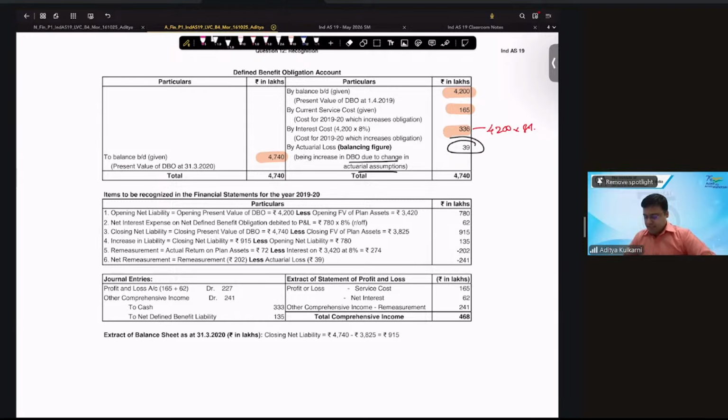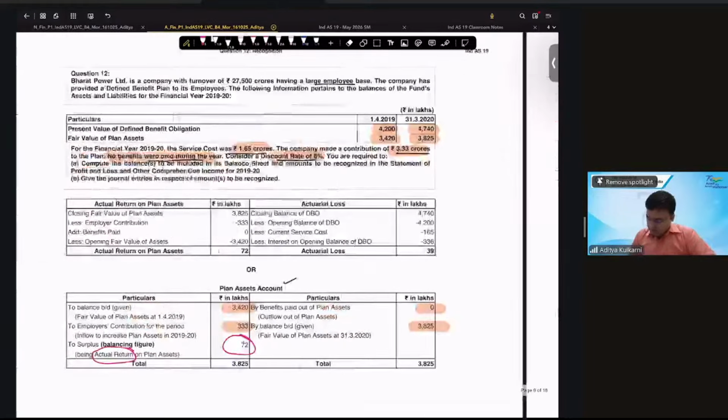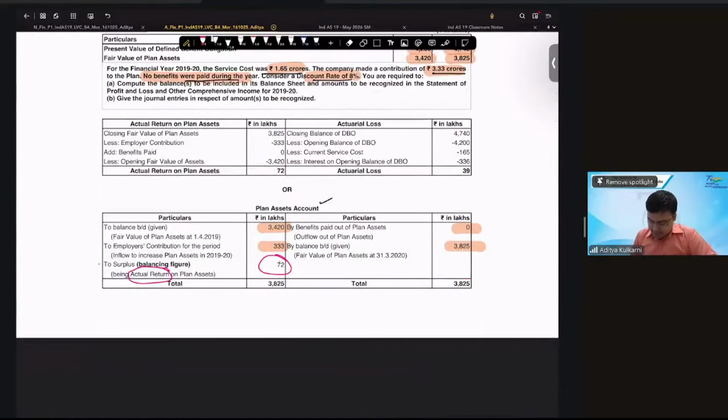Next. Now if you look at these assets, total return is 72. This 72 comprises two things. One is interest and one is other return.